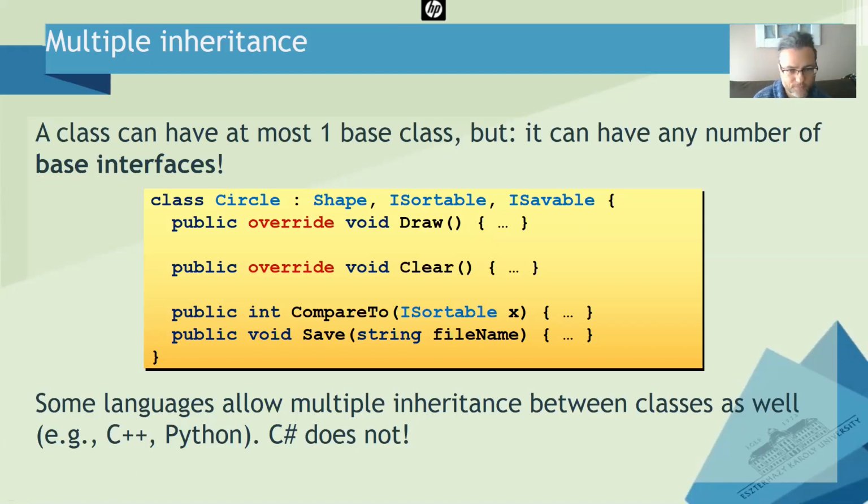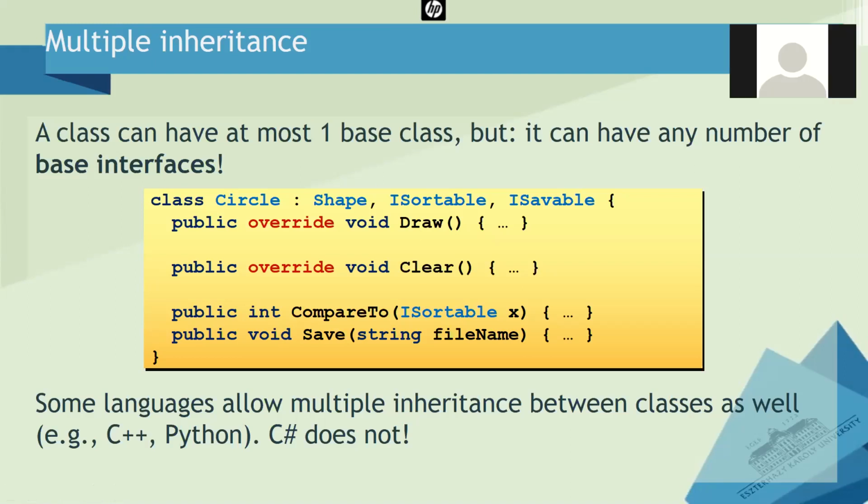Okay, let me ask a question here. Here in the class, you can see 4 methods. 2 methods have the override keyword in front, the other 2 don't. So why do you think this happens? Any idea why those 2 first methods have the override keyword in front and why the other 2 don't?